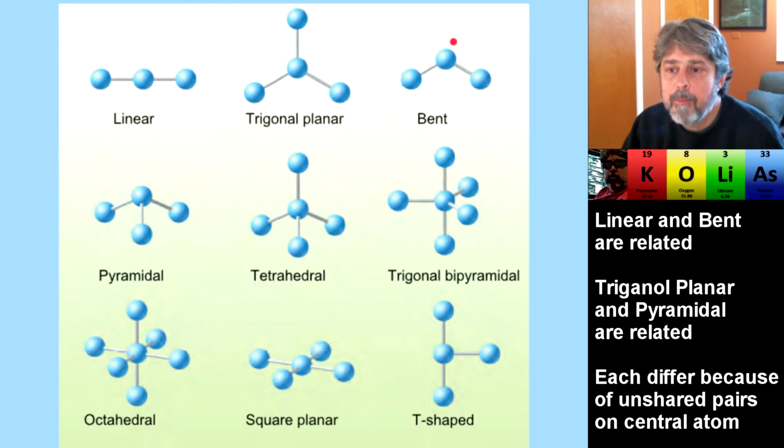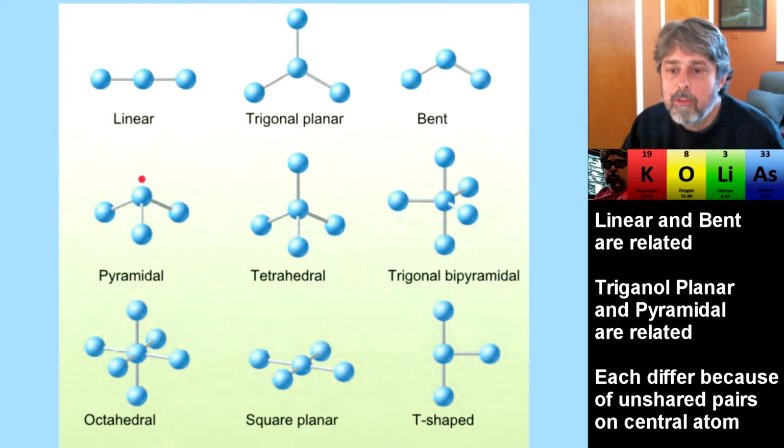The trigonal planar and the pyramidal are related because these both have 4 atoms. Okay, and the difference here is the central atom. The pyramidal is going to have unshared pairs right here on the central atom, where the trigonal planar will not. Notice the difference.